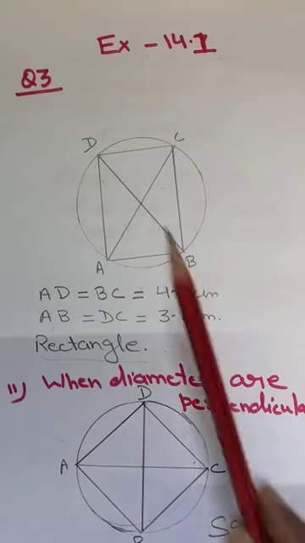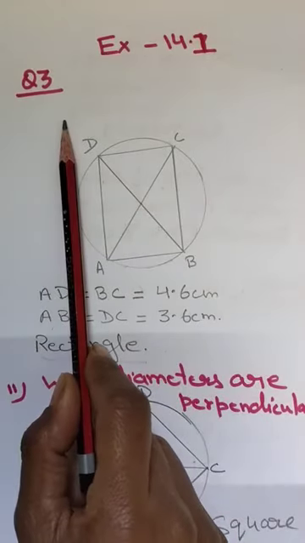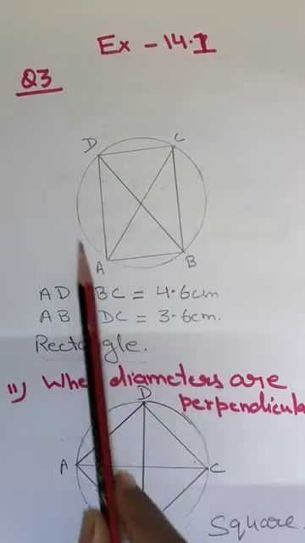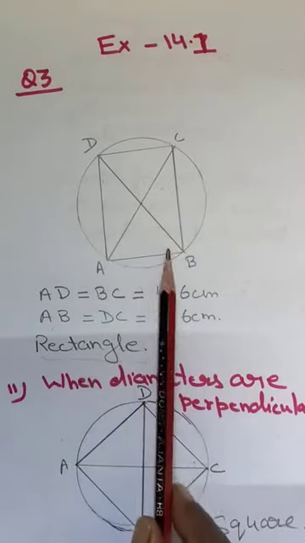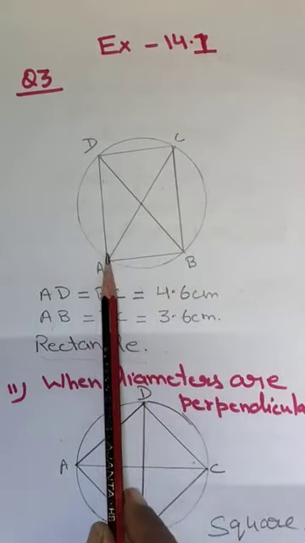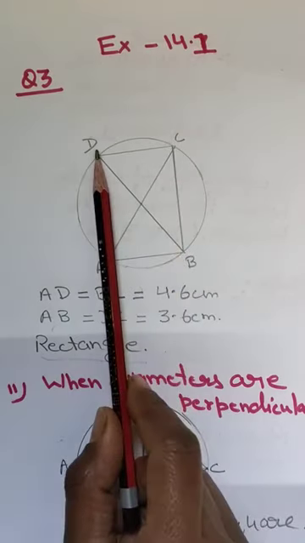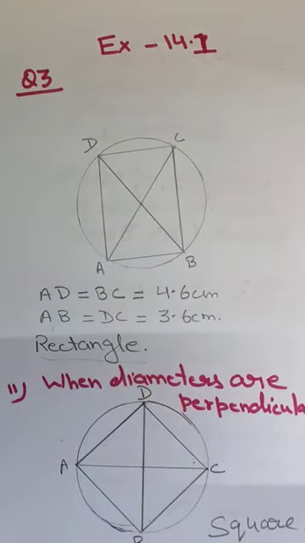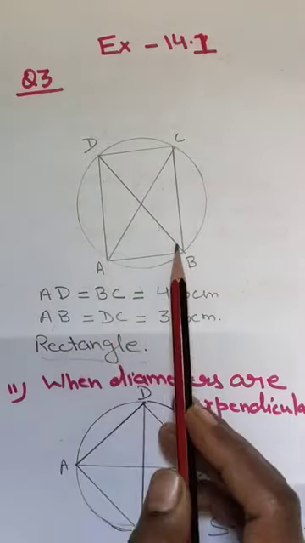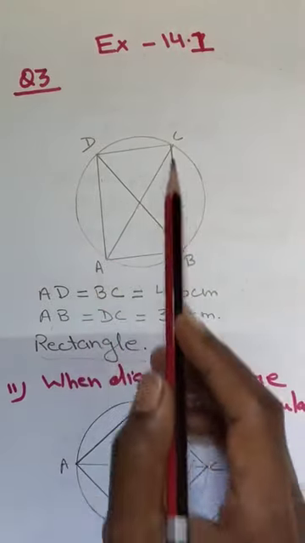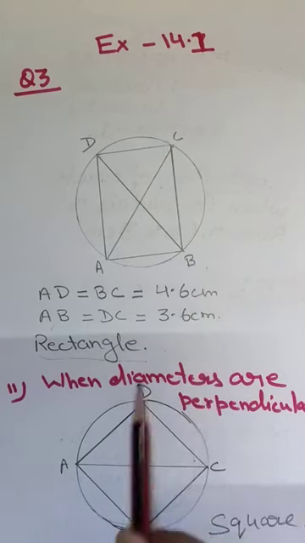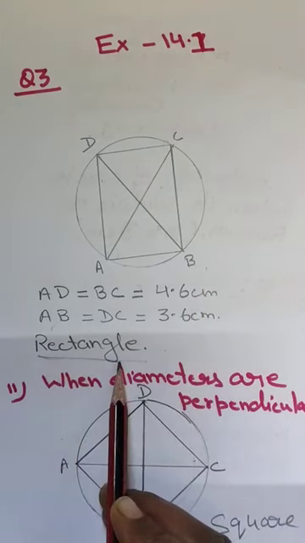After that we have done exercise 14.1 question number 3, in which you draw one circle, draw 2 of its diameters, join their endpoints, and then tell which shape is made. When we have drawn a circle and two diameters and joined the endpoints, we see this is a rectangle.